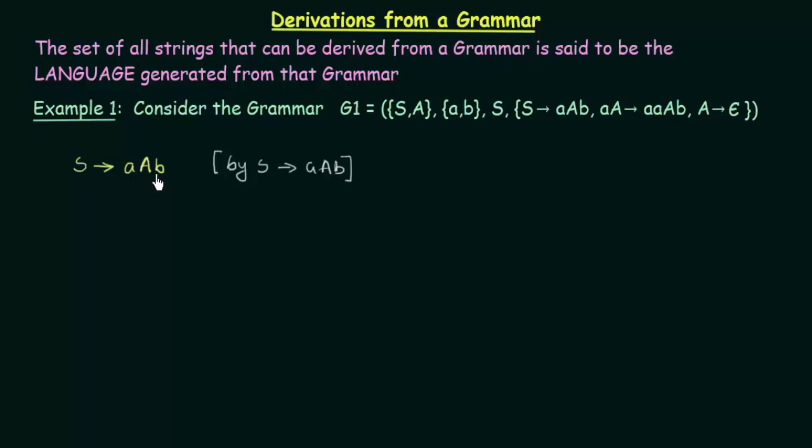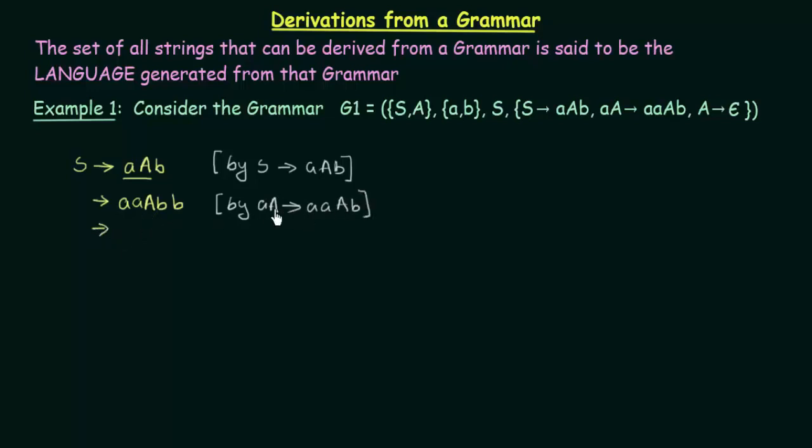We have aAb here, and now we have one production rule which says aA gives aaAb. So this aA over here can be expanded and written as aaAb. I've expanded this part, and I have this b remaining over here. So this is by the production rule which says aA gives aaAb.